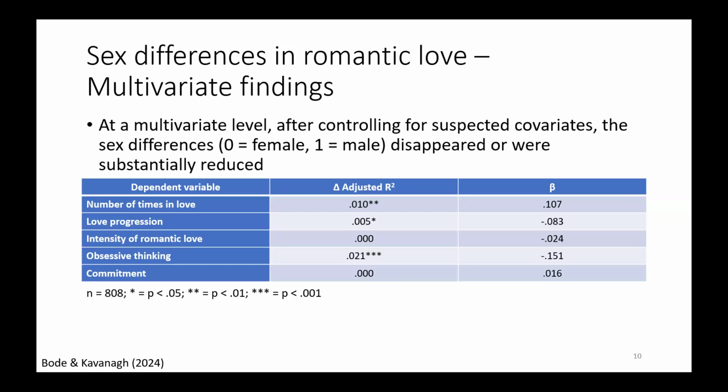So biological sex explained 1% of the variance in number of times in love. When an individual fell in love relative to when they started their relationship, sex explained 0.5% of the variance in that. Sex explained none of the variance in the intensity of romantic love. Sex explained 2.1% of the variance in obsessive thinking, and sex explained none of the variance in commitment.